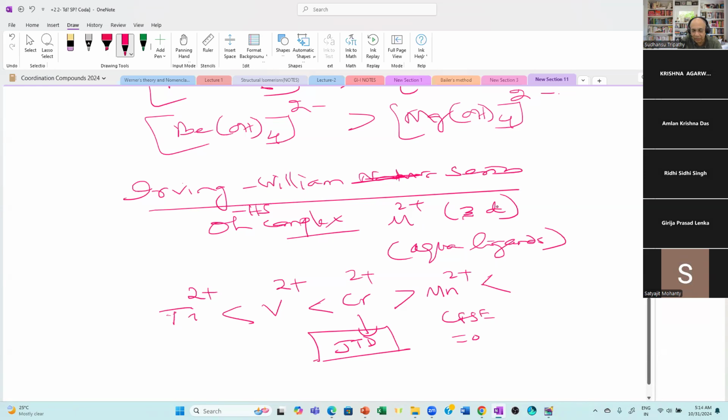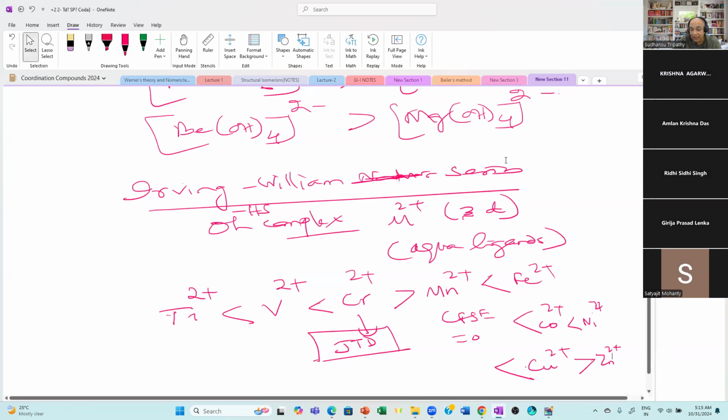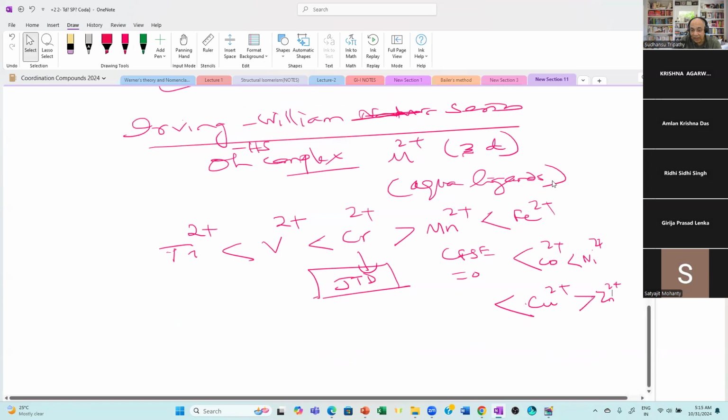Then manganese, iron, cobalt, nickel, copper, zinc. Copper is greater than zinc. Even zinc is greater than nickel.